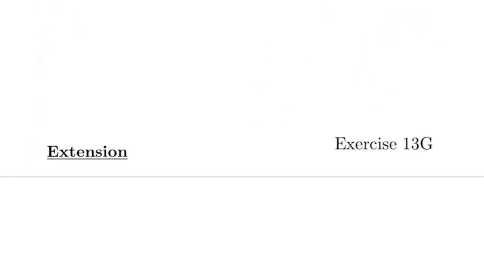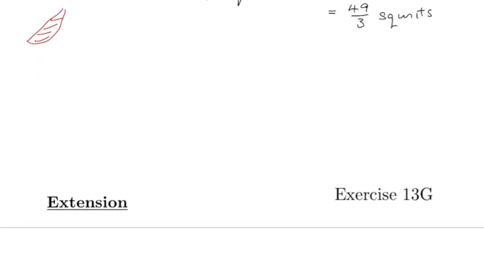Now on your sheet, you've got an extension question, and it says find the area A enclosed by the curves y equals negative x squared minus 4x minus 1 and y equals x squared plus 4x plus 3. And you can see that one of the problems is part of the area you're looking for dips below the x-axis.